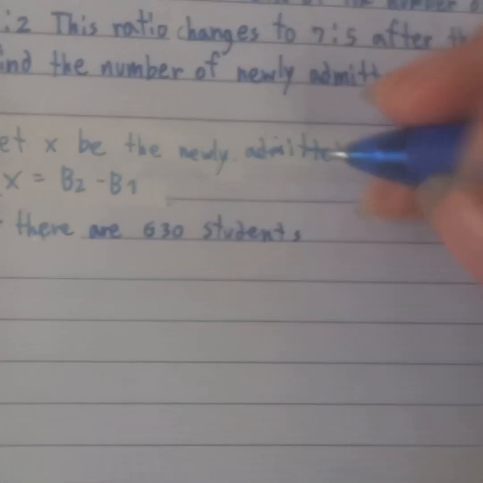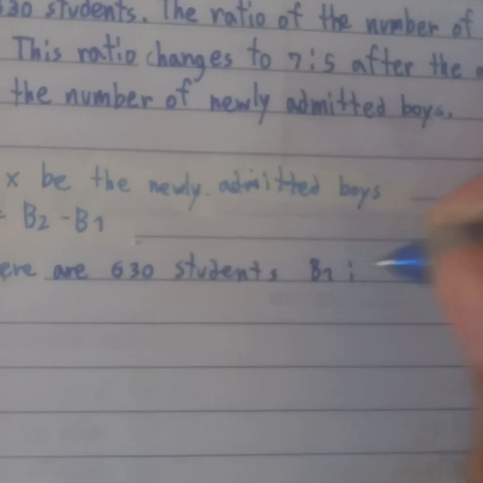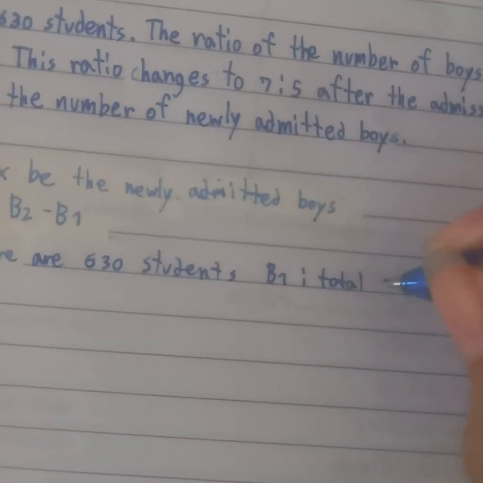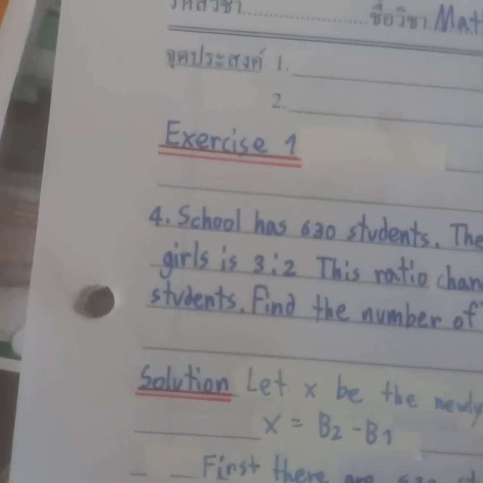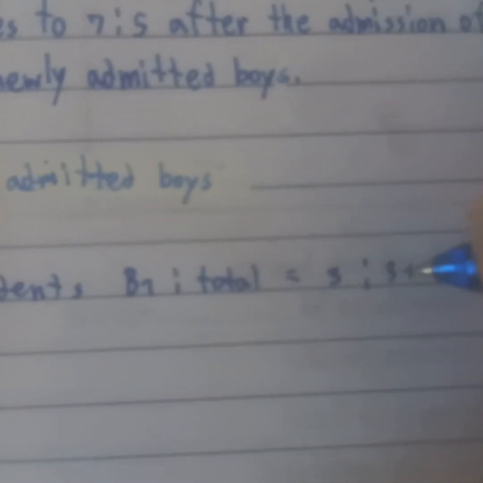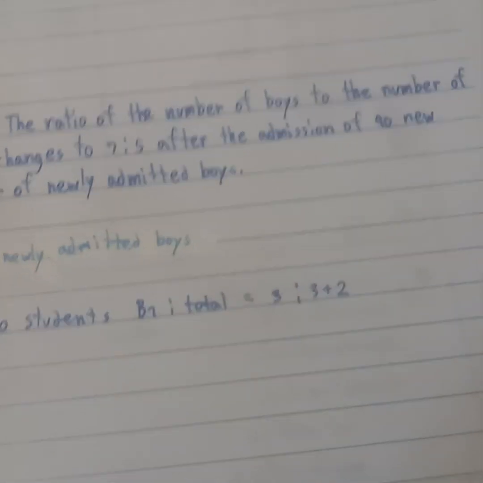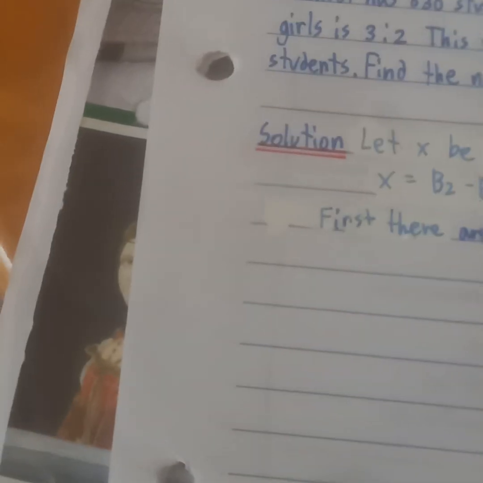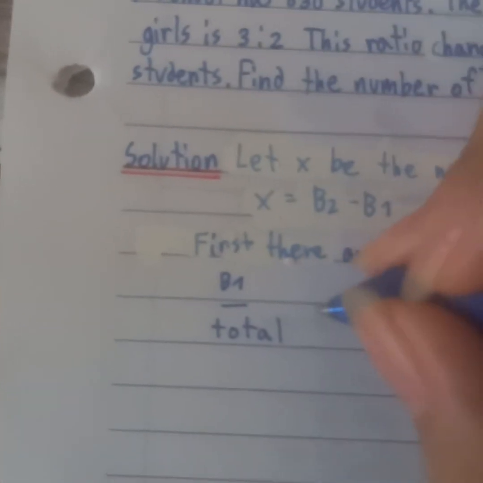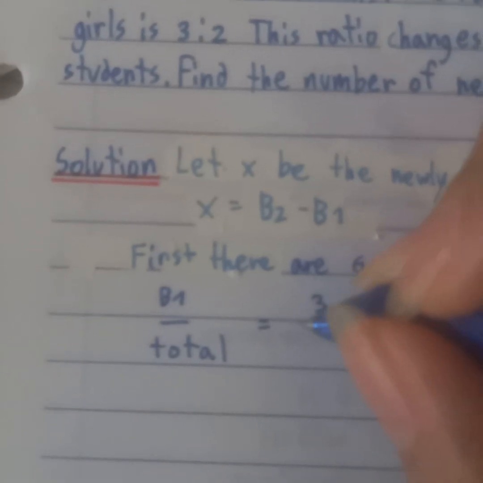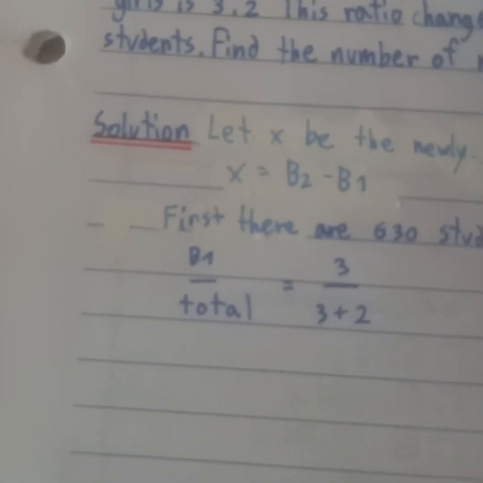Well, we can put it as B1 to the total amount of students equal to 3, which is the amount of boys, to 3 plus 2, which is the total amount of students. So we can rewrite that as a fraction: B1 over total equals 3 over 3 plus 2.